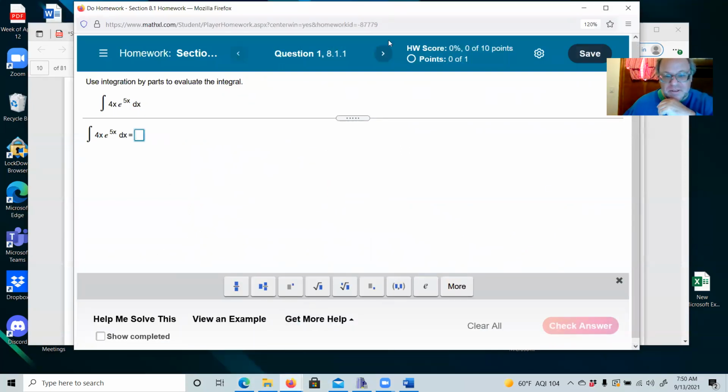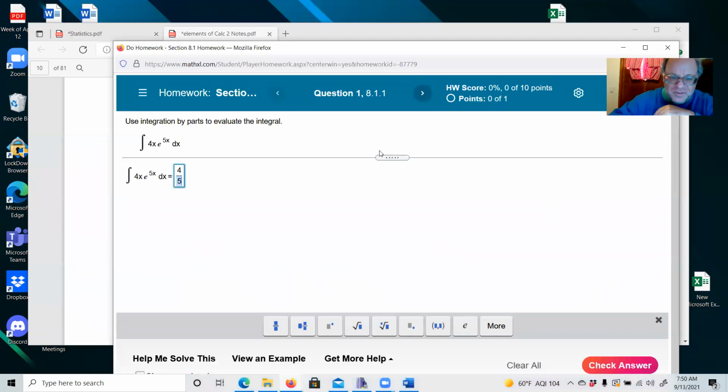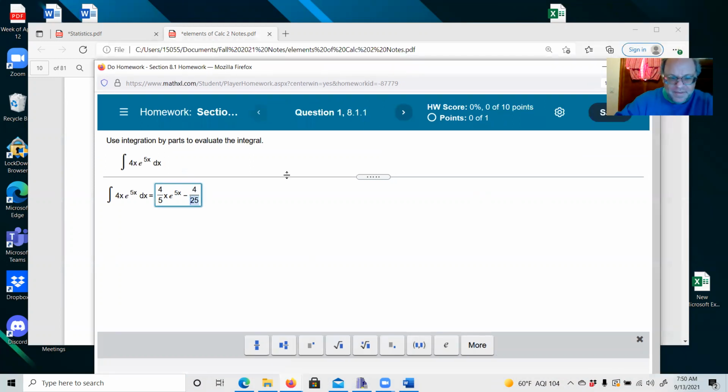Well, let's see, we could test it. So we'll say this is 4/5 x e to the 5x, minus, is it plus or is it minus? It's minus, isn't it? 4/25 e to the 5x plus c.